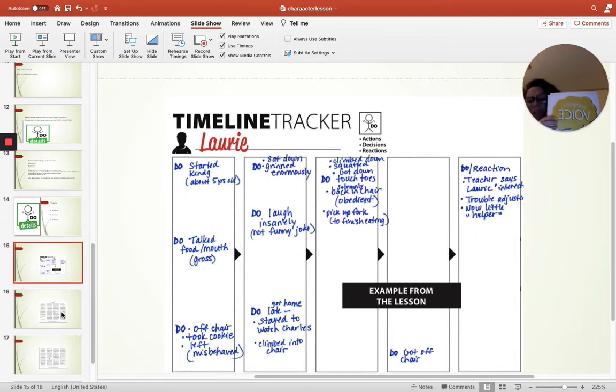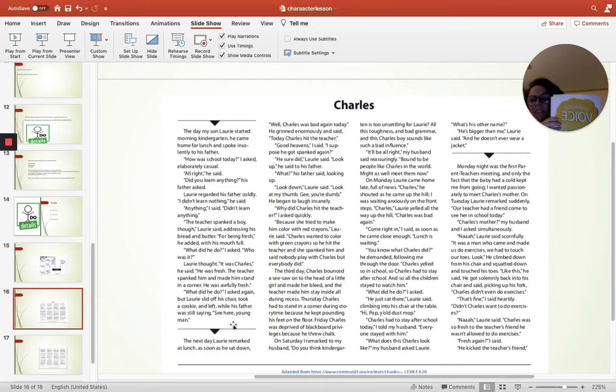Because you can even see that his father said, "See here, young man," like, get back here, you don't have permission to leave yet. So I'm reading that he slid off the chair and took a cookie, and I'm thinking, Lori was misbehaving.